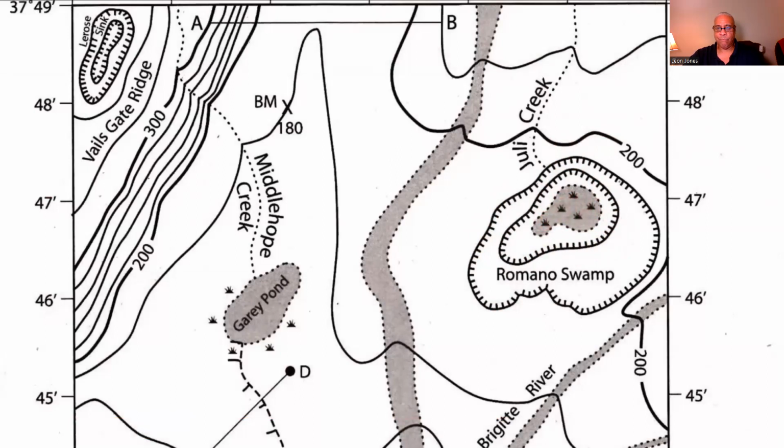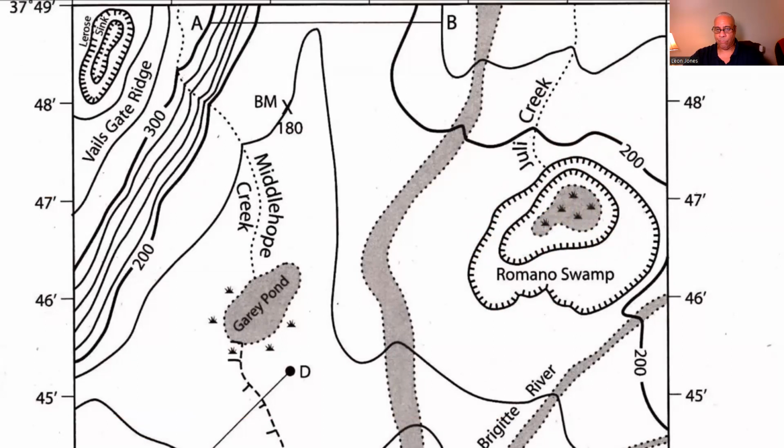So it's got to be a number lower than 180. But it also can't be a number lower than 160, because if it was, there would be another set of depression contour lines inside of here, but there's not.